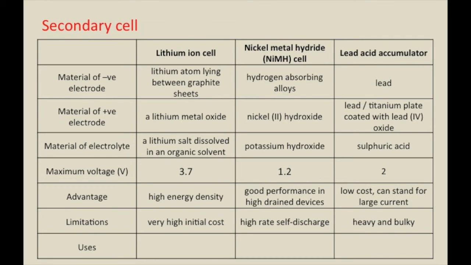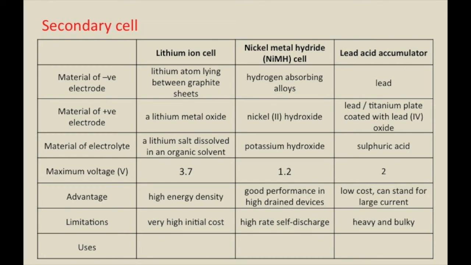That means even if you do not use the chemical cell, the voltage will drop after, for example, a few days or a few weeks. Okay. And the lead acid accumulator, the advantage is low cost, and most important, they can stand large current. The disadvantage is they are very bulky.